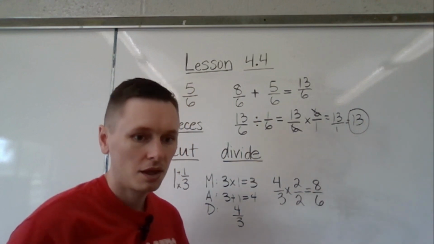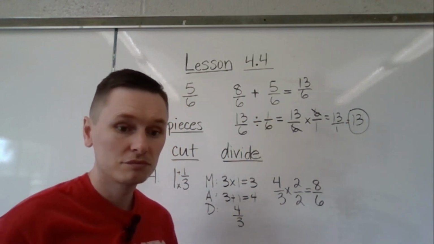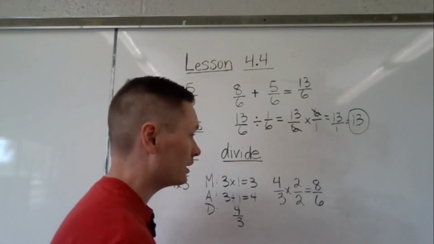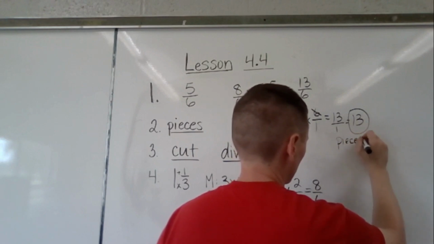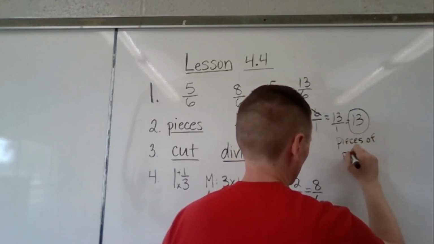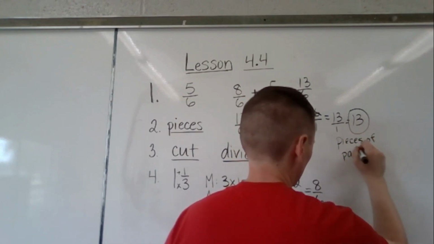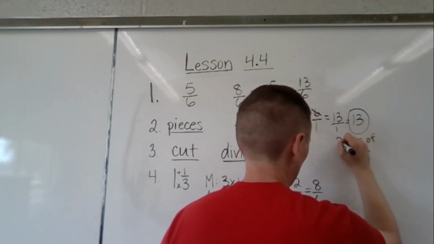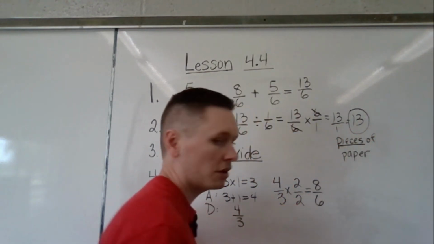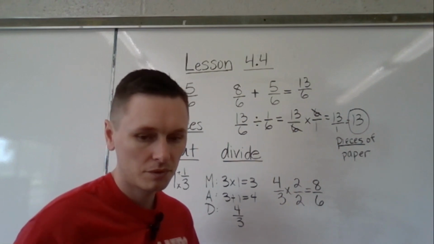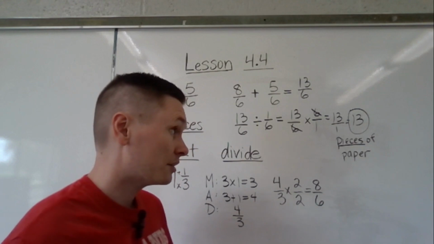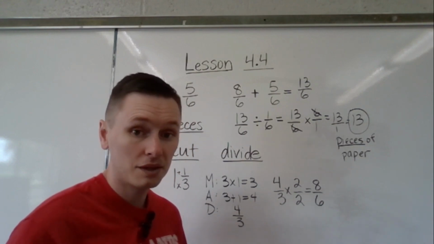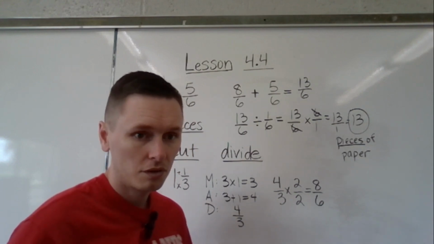Okay. We're done, right? No, we're not done. We're not done because we didn't label it. So we need 13 pieces. I needed 13 pieces of paper. Okay. And then we need to check, does my answer make sense? Well, let's see.